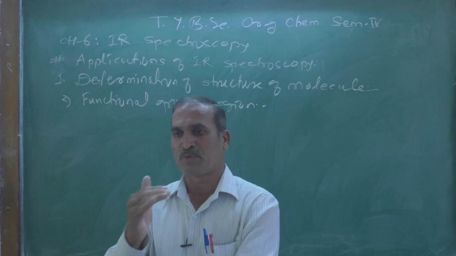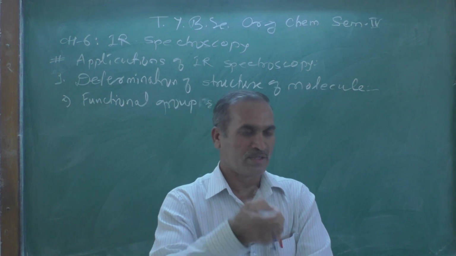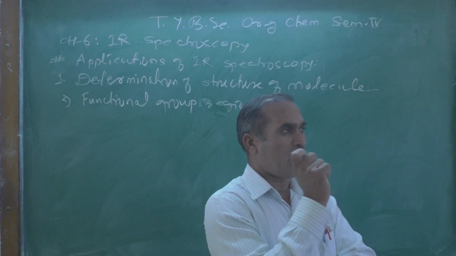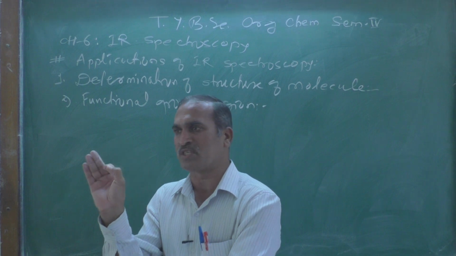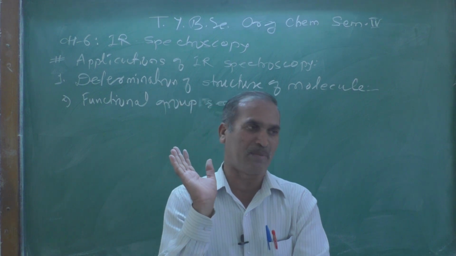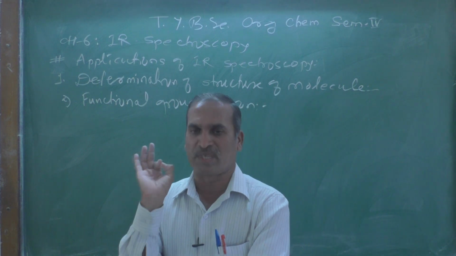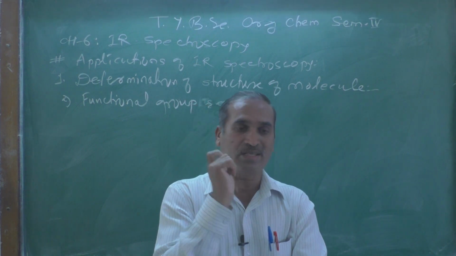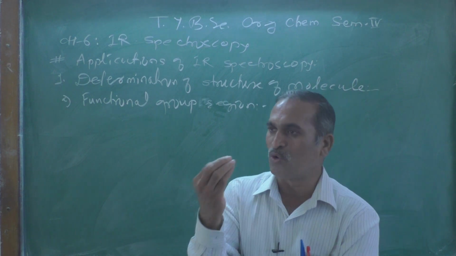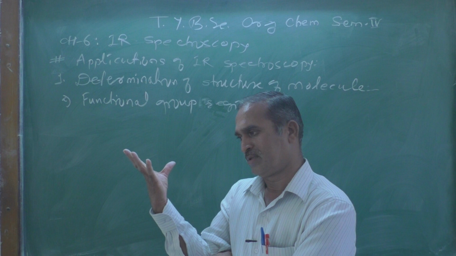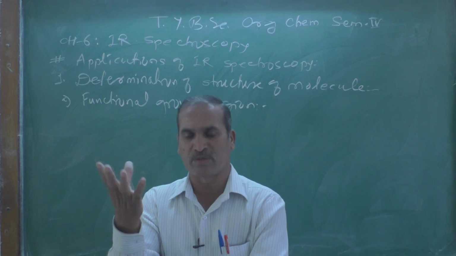Now suppose there is an olefinic carbon-carbon double bond present, the peak will appear around 1620 to 1640 per centimeter, or let's say 1650 per centimeter. That clearly suggests that an olefinic carbon-carbon double bond is present in the organic compound.